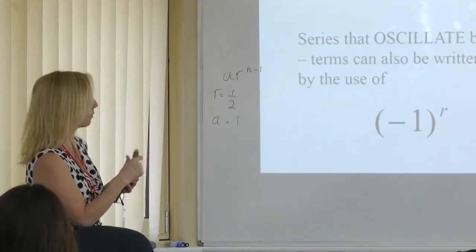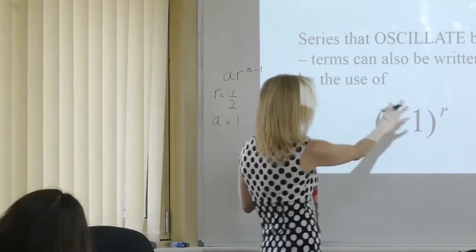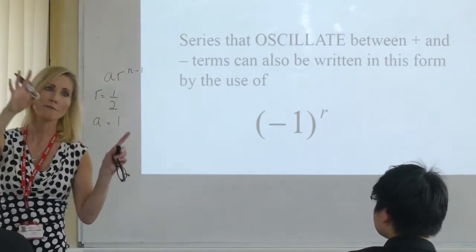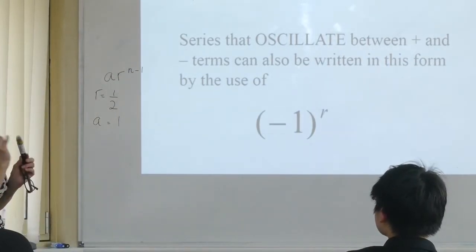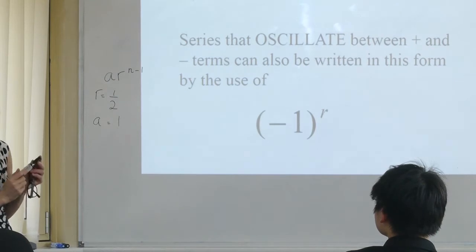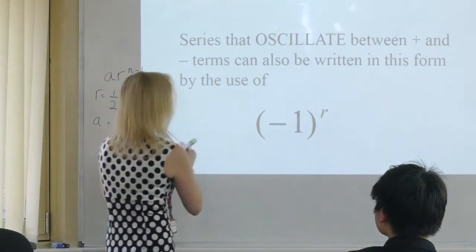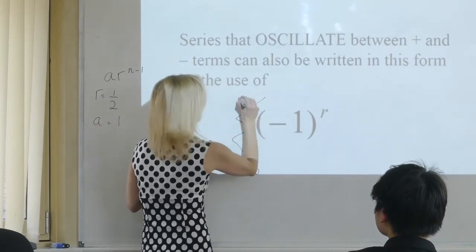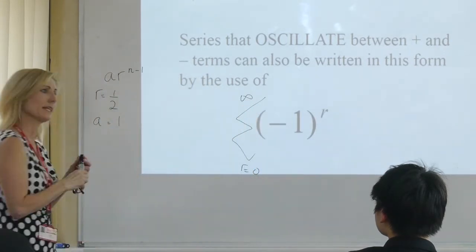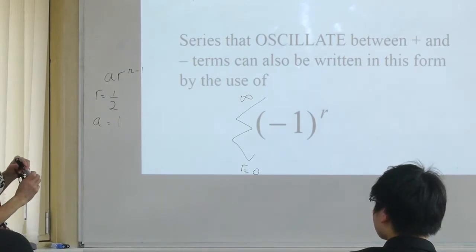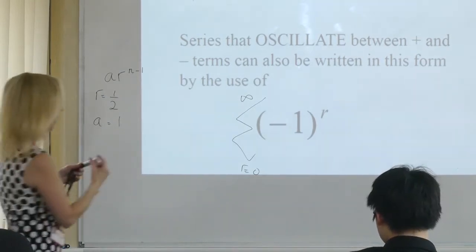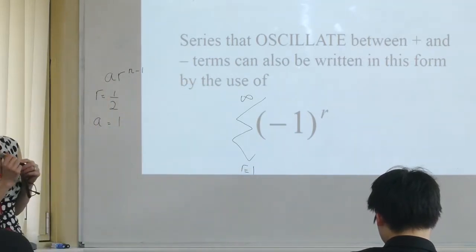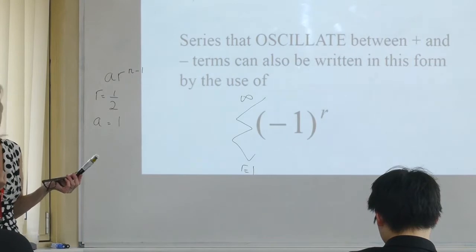But if we're talking about r being 0 to infinity, will it be plus or minus to start with? If it starts off with r is 0, that will be plus to start with. What if it was r is 1? Minus. So that's one way of altering it.